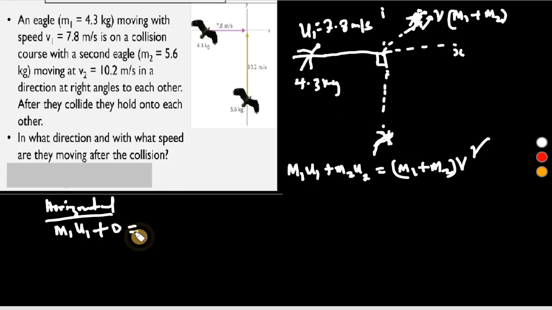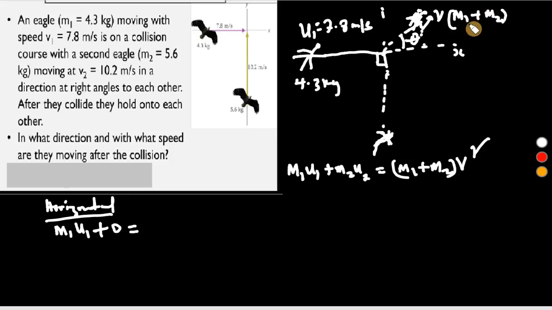So as we now progress, of course, this collided and moved with a common velocity at an angle. So let's label the angle theta. So we can as well find the horizontal component of this momentum.